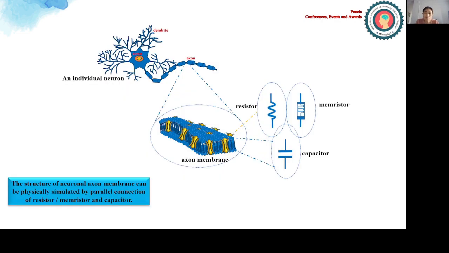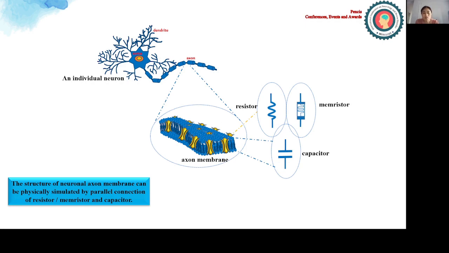A single neuron is composed of a soma, dendrites, and an axon. The axon is a crucial part to propagate neural signals. It consists of lipid bilayers and ion channels. The lipid bilayer can be represented by a capacitor.